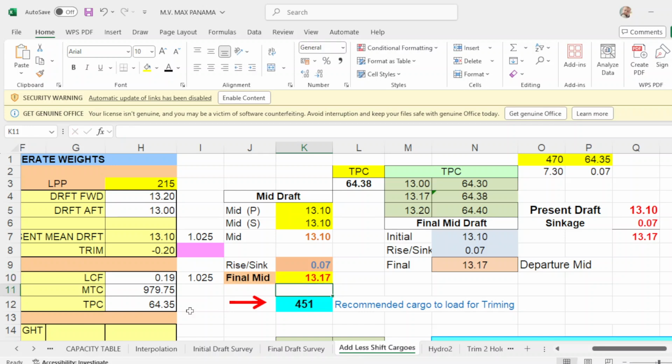Take note that the recommended ballast to be loaded after peak is 451.